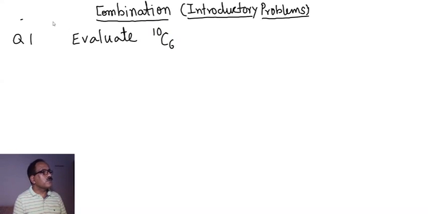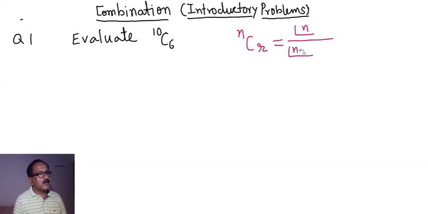As we know, the concept of combination: nCr is equal to factorial n upon factorial n minus r into factorial r.